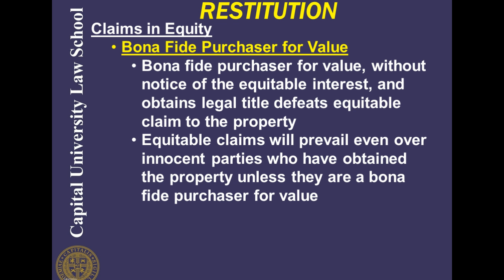The plaintiff will not be able to trace and obtain a constructive trust or equitable lien over those diamonds. They may be able to obtain an equitable lien or constructive trust over the proceeds from the sale of the diamonds, but they will not be able to get the diamonds. And these equitable claims will prevail even over innocent parties who have obtained the property, again, unless they are a bona fide purchaser for value.